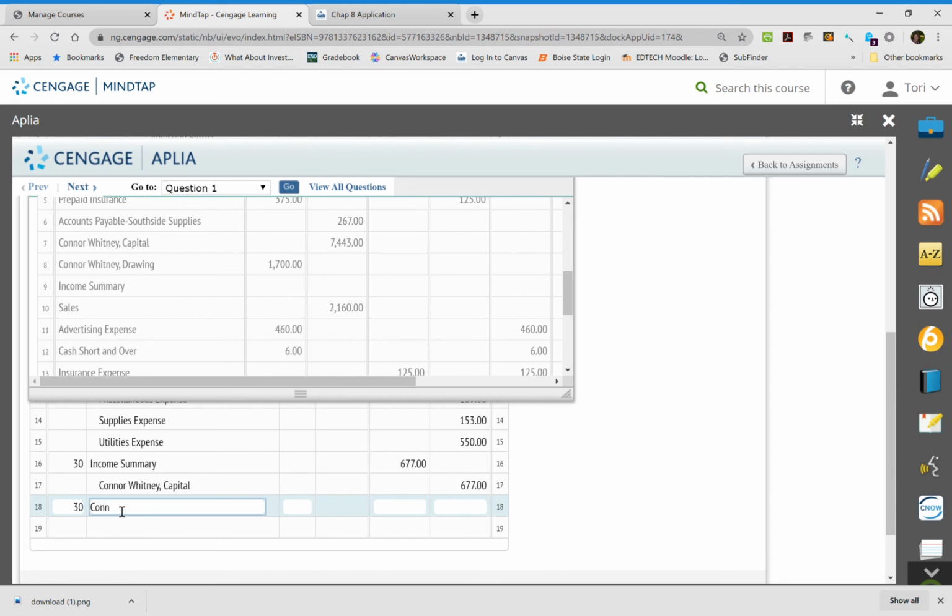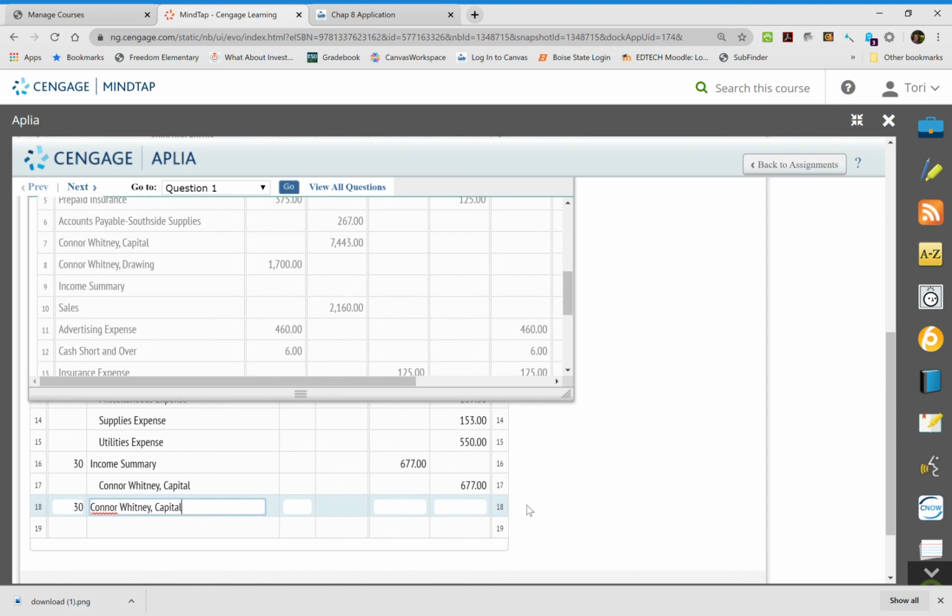We're going to put Connor Whitney's drawing, but that normal balance side is on the debit. So we're actually going to want to credit the drawing and we will debit the capital.